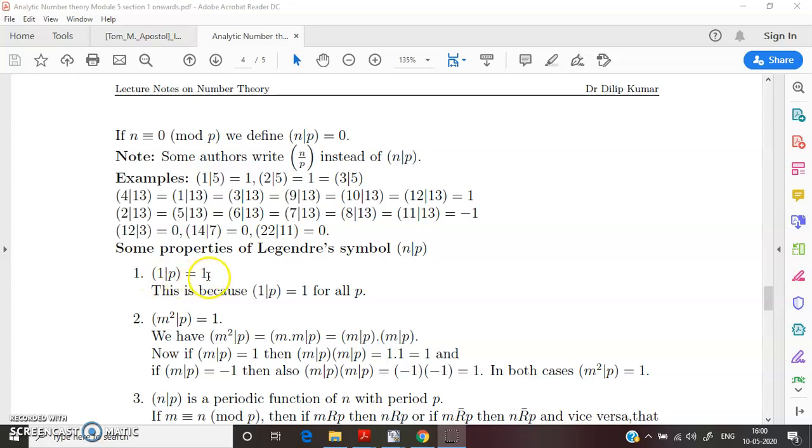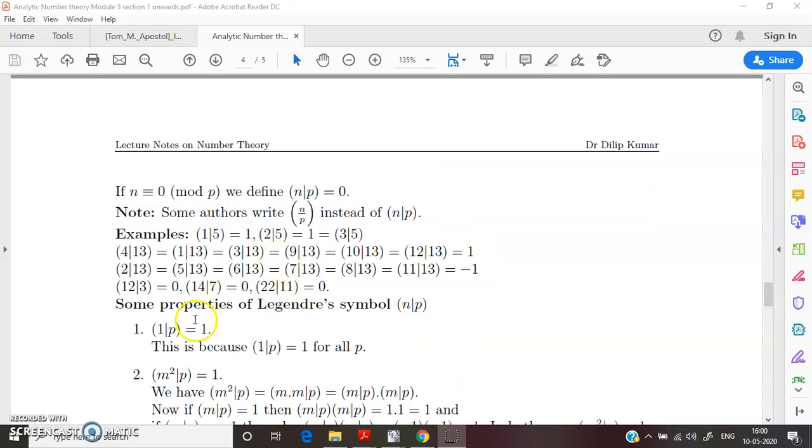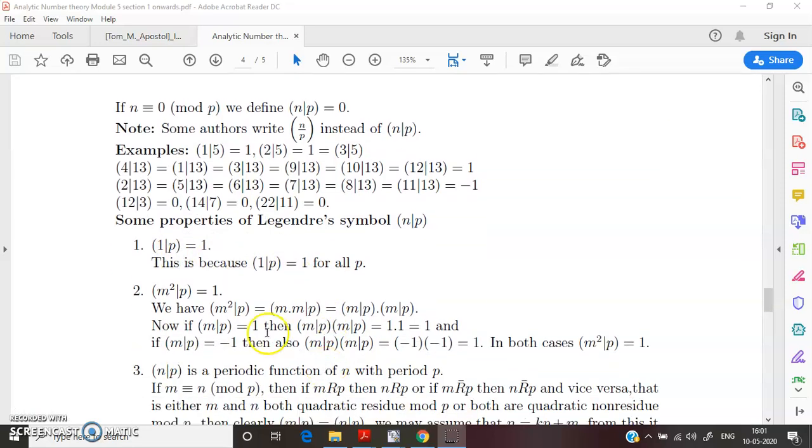This is clear because 1 is a quadratic residue mod p for all odd primes p. So 1 over p is always 1. Next one is m square over p is 1.